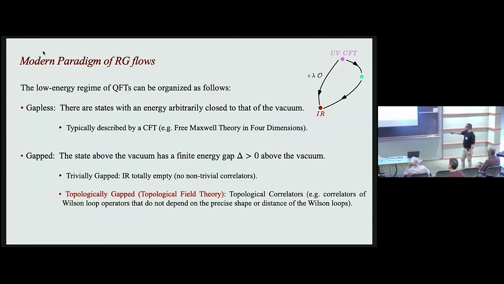And the second case, which is the case that we actually care about for the rest of the talk, is topologically gapped, meaning that there are topological degrees of freedom in the infrared. We can have topological correlators, we can have different vacua, and we care about this so that we can actually talk about solitons. So we can have different vacuum states to the far left and to the far right, in which we can interpolate.